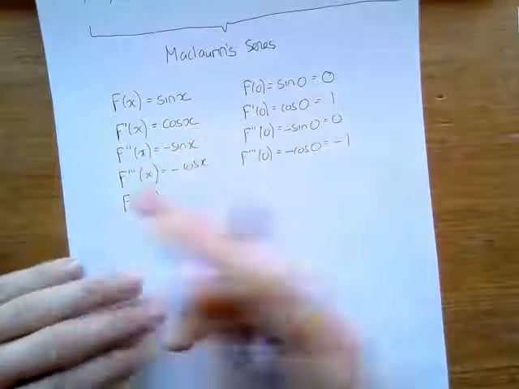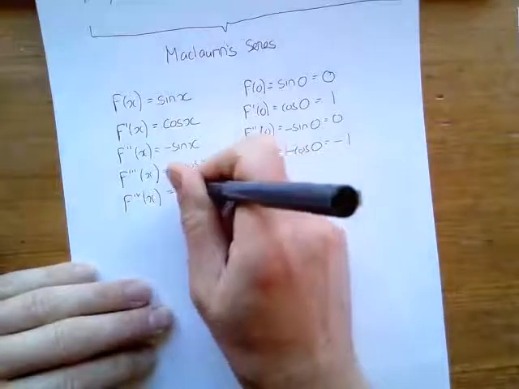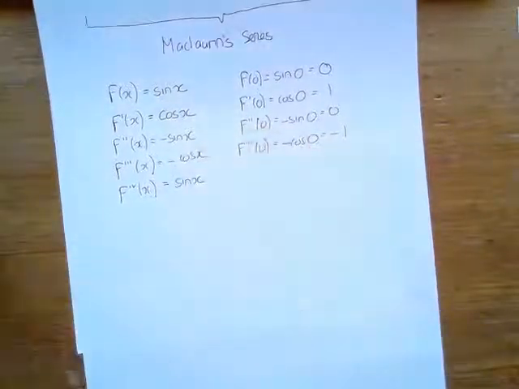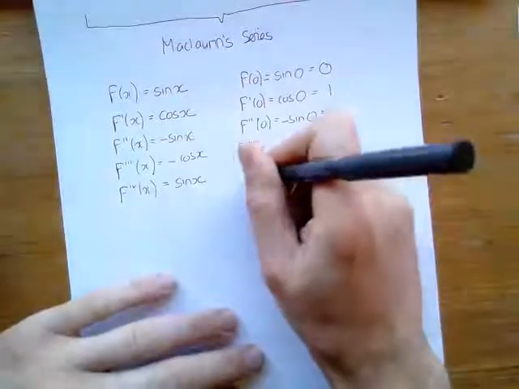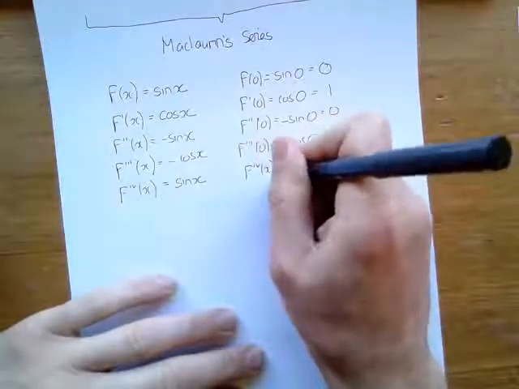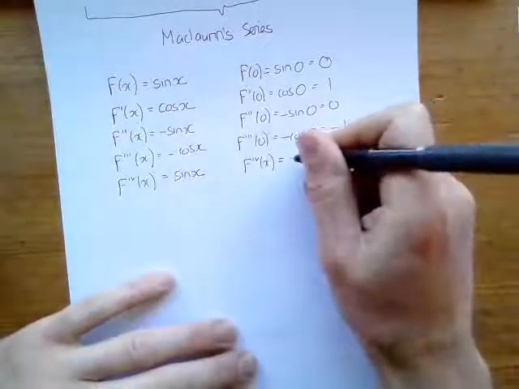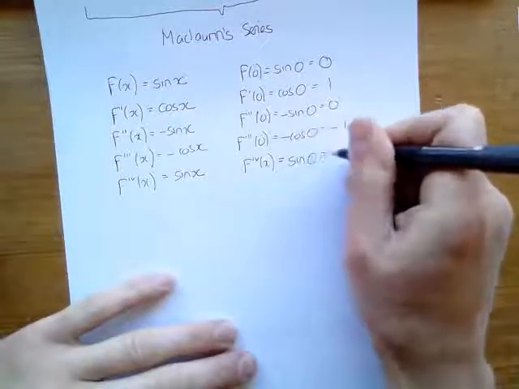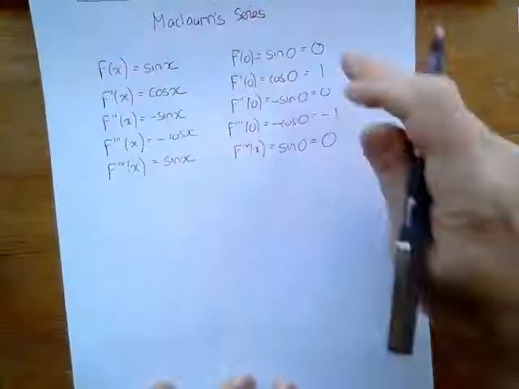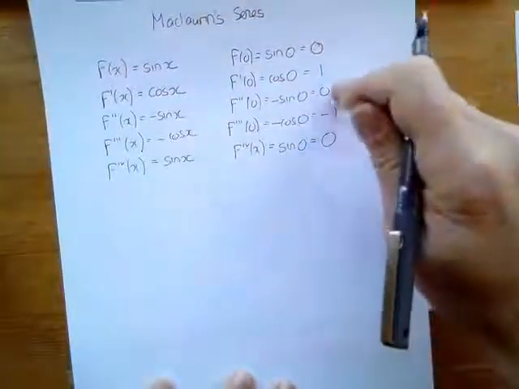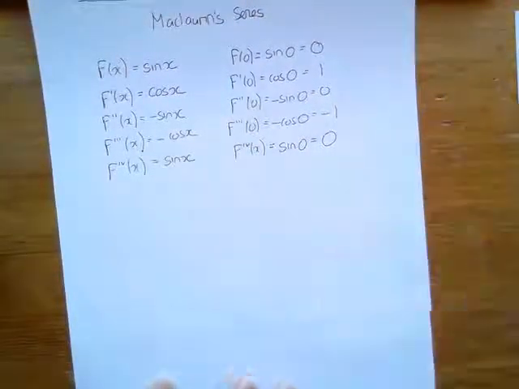Oh, I did IV that time, look. Nothing like a bit of consistency. Well, the derivative of minus cos is sine. So f4 of 0 is sine of 0, which is 0. Oh, we're going around in a loop here, look. It's going to go 0, 1, 0, minus 1, 0, 1, 0, minus 1.